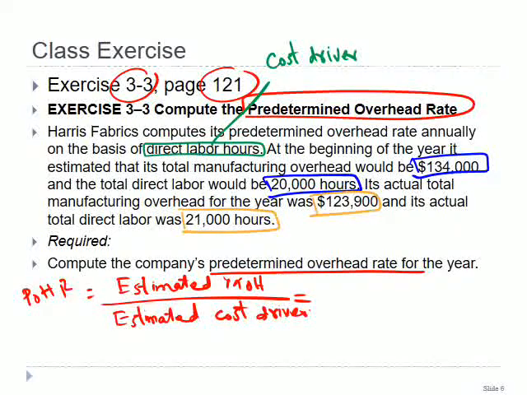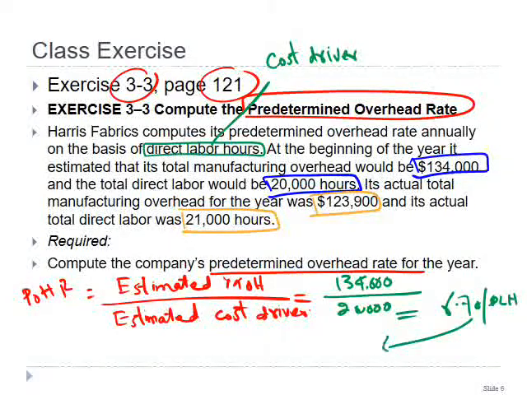Here the estimated manufacturing overhead is 134,000, and the estimated cost driver based on direct labor hours is 20,000. The answer is 6.70 per direct labor hour. So our predetermined overhead rate is 6.70 for the year.